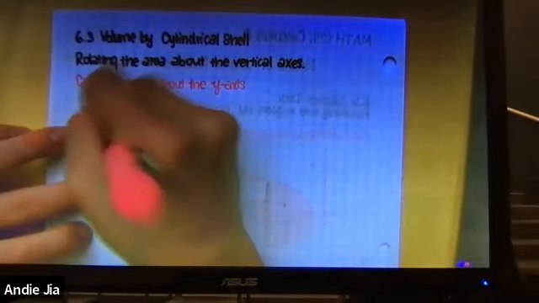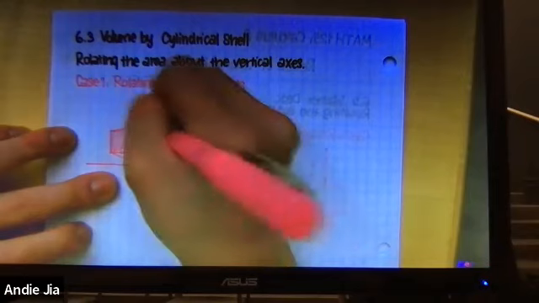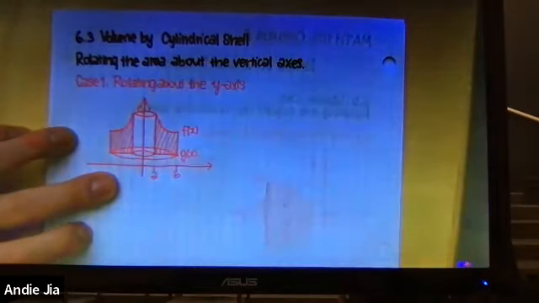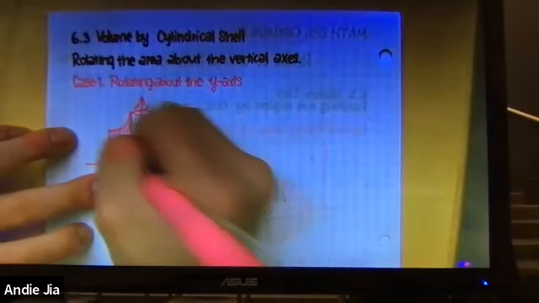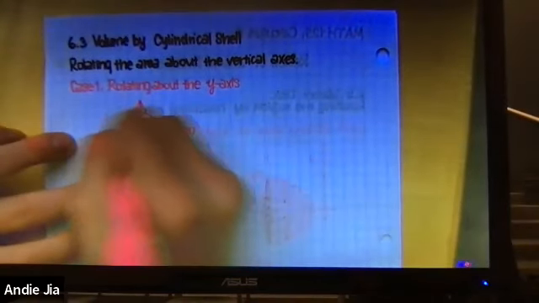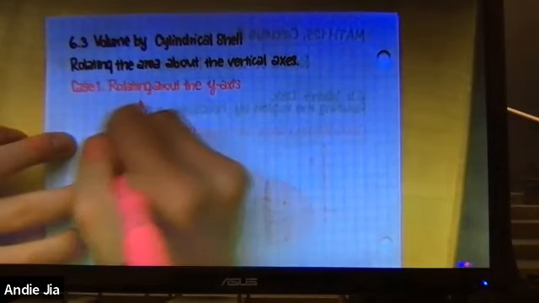This is the area function here. There's a shaded region. And the shell here, you just say it's a shell. This is the bottom base of the shell.